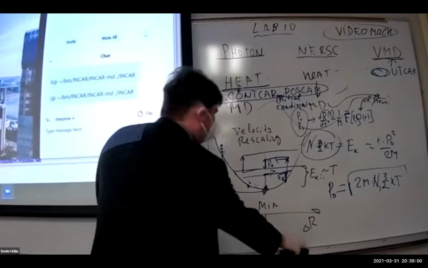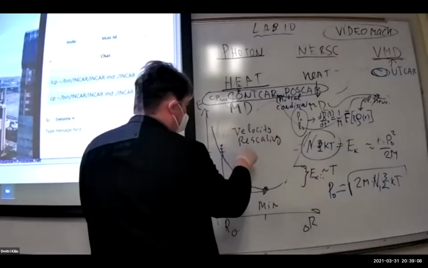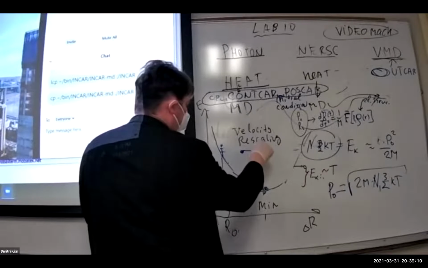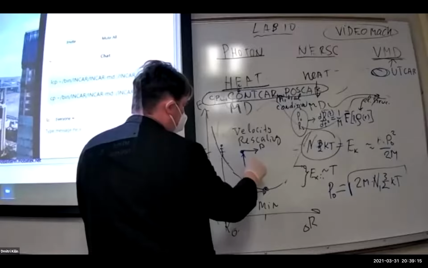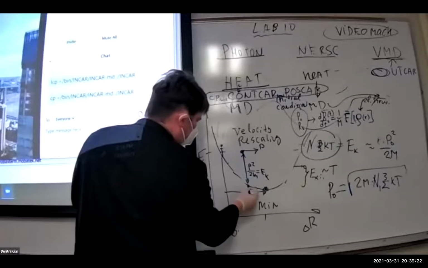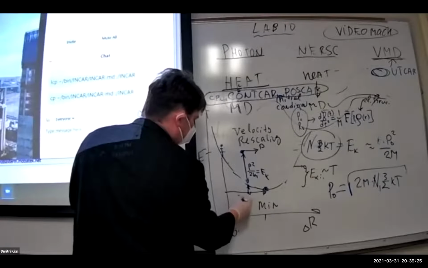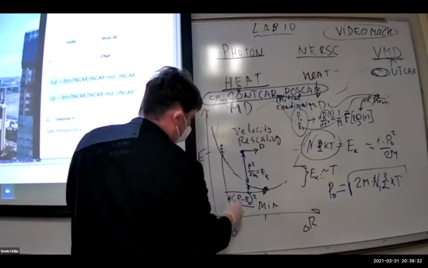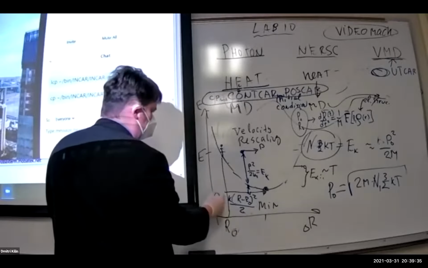So let me erase this. If we set up momentum, then momentum squared, p squared over 2m, is kinetic energy. Yes, last class you showed. And the distance minus equilibrium distance squared is potential energy.